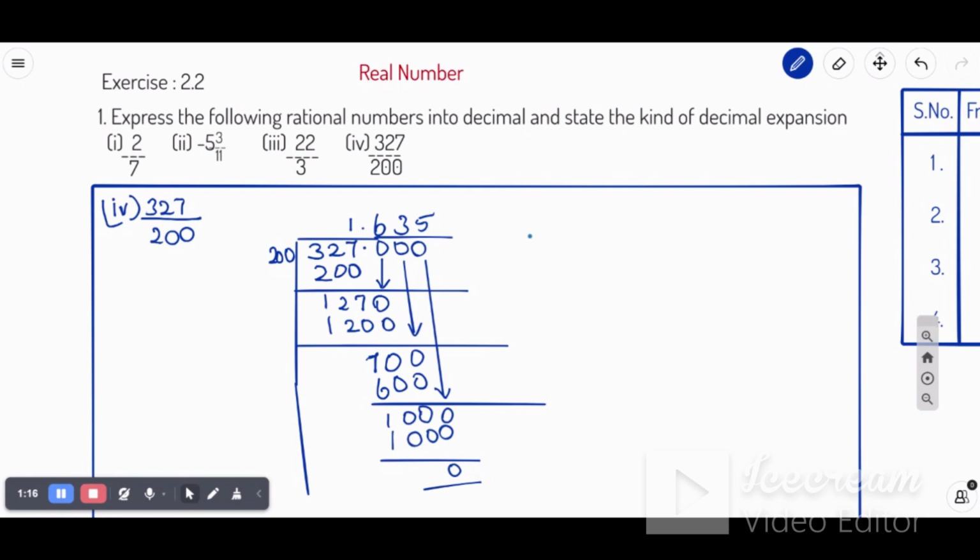So what we can write is 1.635. It terminated, it stopped. So we have found the decimal, which is 1.635, and it is a terminating kind of expansion. So the first three are non-terminating and recurring. The last one is a terminating kind of decimal expansion.